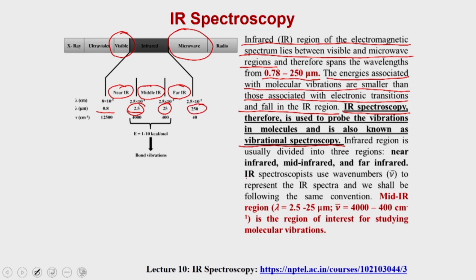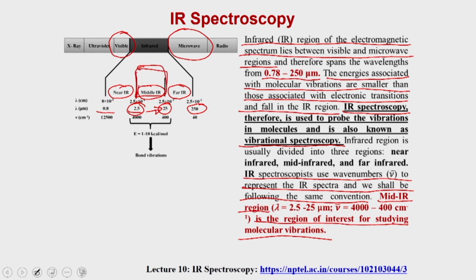IR spectroscopy normally uses the wave number to represent the IR spectra, and we shall be following the same convention. The mid IR region, from 2.5 to 25 micrometers, is the region of interest for studying molecular vibrations.